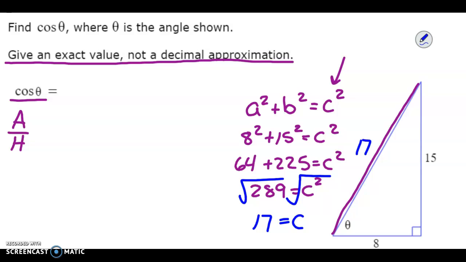So when they want you to find that cosine, they don't want you to simplify or divide that number out. Leave it as a fraction. That's all they want. Okay? So your cosine of adjacent over hypotenuse, well, we're talking about this angle theta. Adjacent in terms of that angle is going to be this side 8.